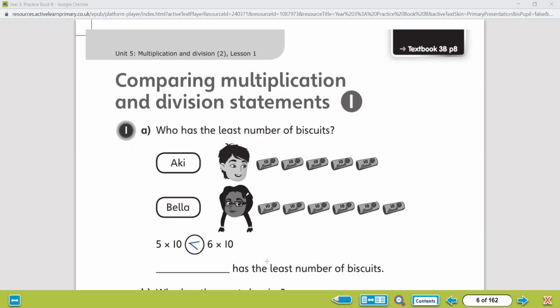And I would write Akai there. It's a little bit tricky to annotate on screen, so I'm trying my best.